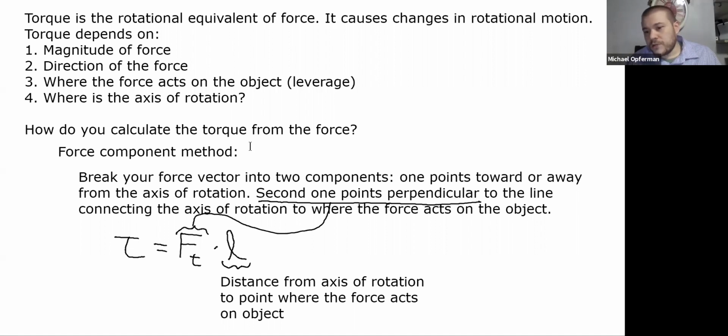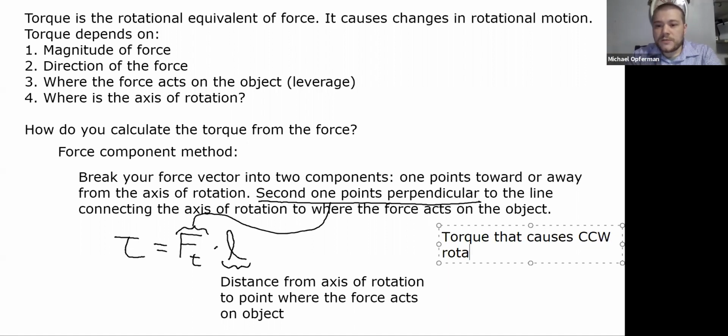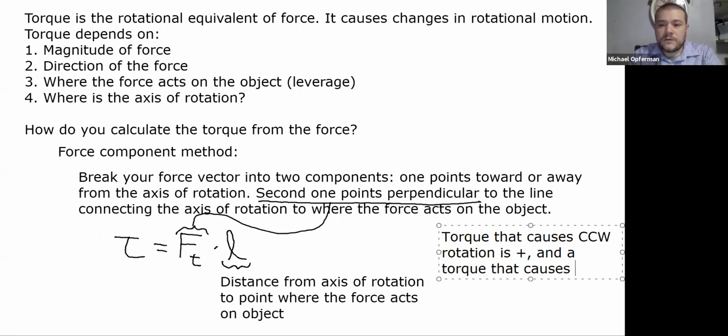One that causes it to rotate counterclockwise would be positive, and one that causes it to rotate clockwise would be negative. So a torque that causes counterclockwise rotation is plus, and a torque that causes clockwise rotation is minus. So that's how you sign the torque. That's at least the easy way to sign the torque.